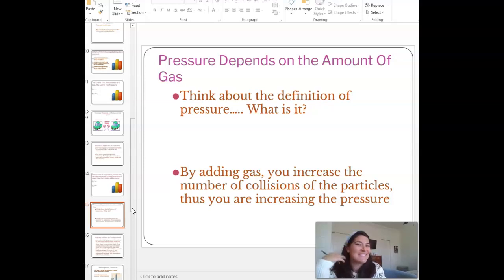By adding gas to your tire or your soccer ball, you are increasing the pressure inside that container by increasing the amount of gas. More gas, less empty space, more collisions, more pressure.